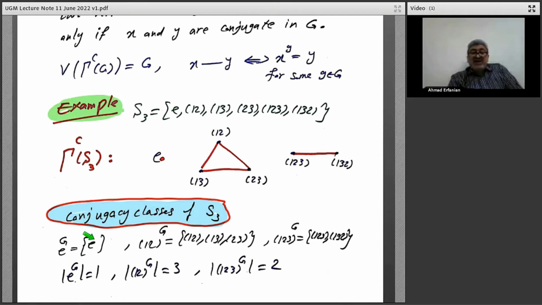Then we have a triangle with 3 vertices (1 2), (1 3), and (2 3). These 3 elements are conjugate. And also (1 2 3) and (1 3 2), we have an edge between them.